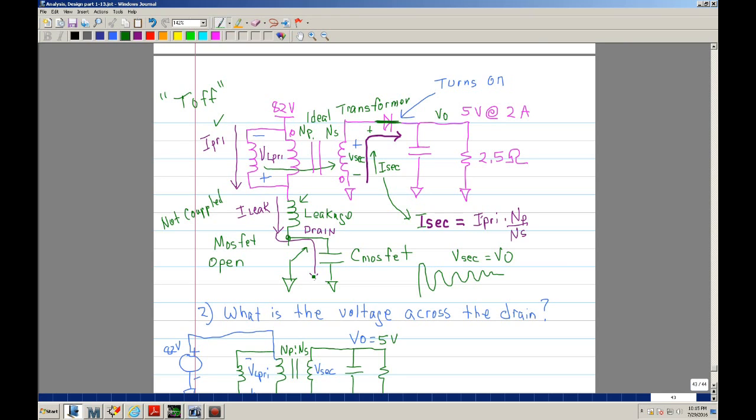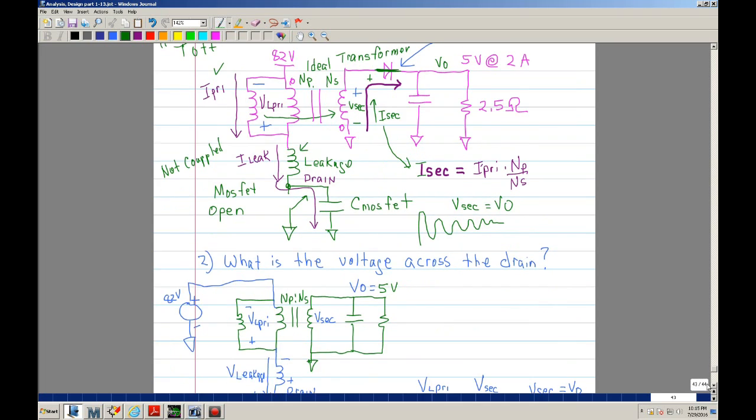Okay, so now that you have that, or at least that understanding of what happens, that this primary current, because it's coupled, is directed to the secondary, but this leakage inductance does not get coupled to the secondary, but rather stays on the primary side. Okay, so next question would be, then what is the voltage across the drain?